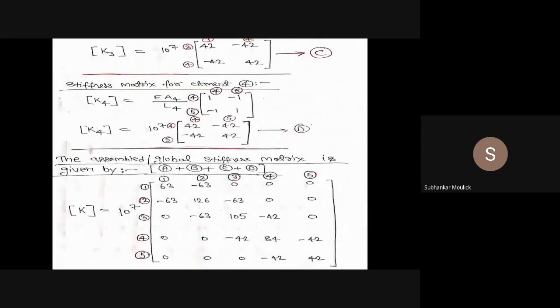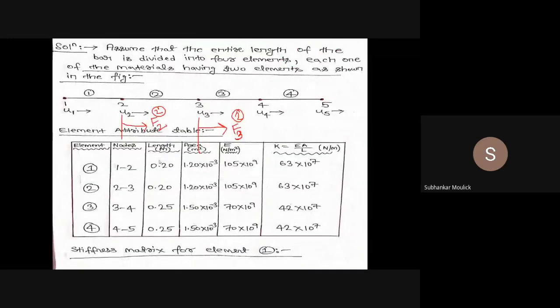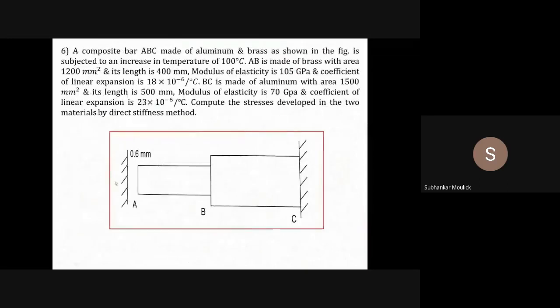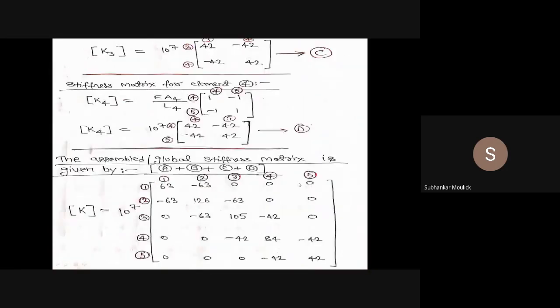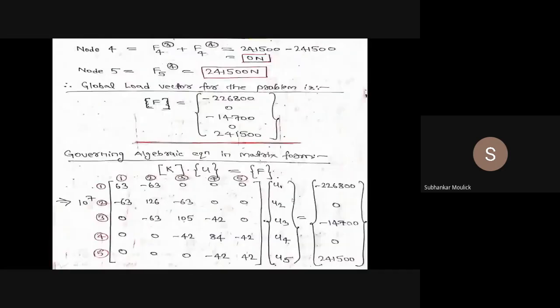I know that the displacement of node 1 is 0.6 mm, and the displacement of node 5 is 0 mm. So I have to incorporate these values in this particular equation.